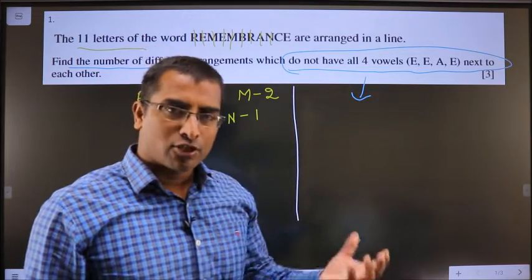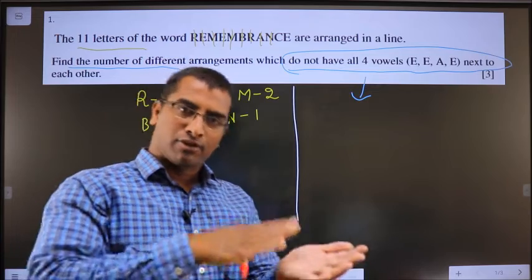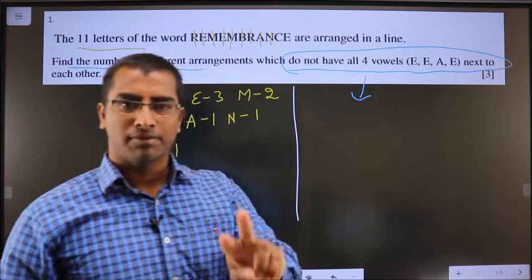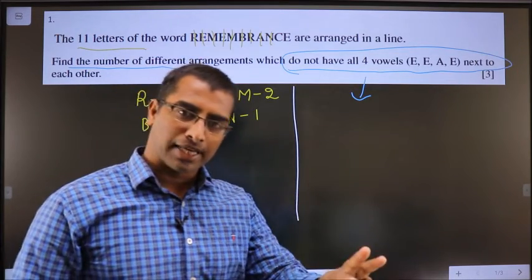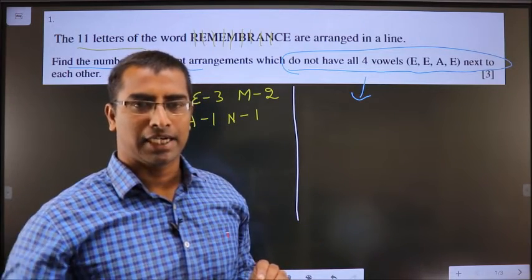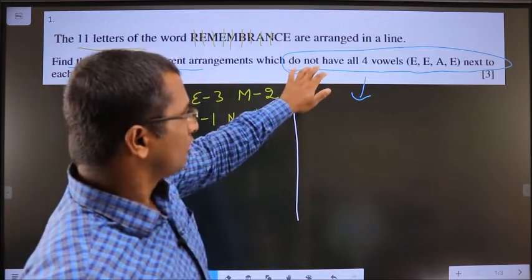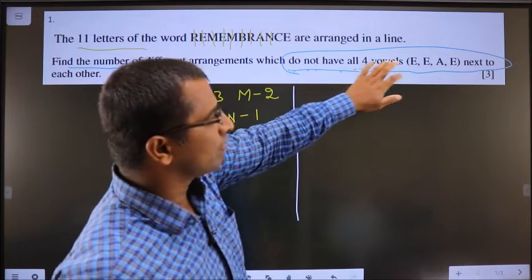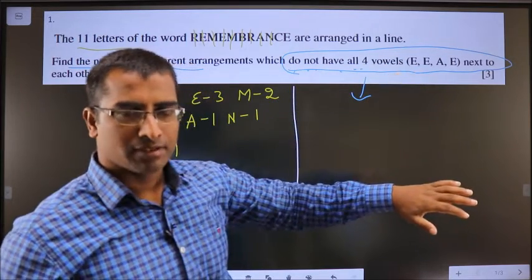That means you should get the idea. He said 4 should not be together, which means 2 of them can be together or 3 of them can be together, but not all 4. That's why I read it multiple times.